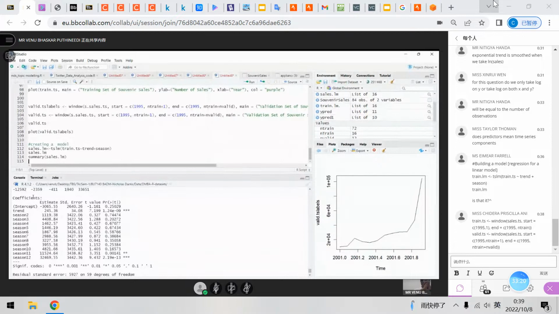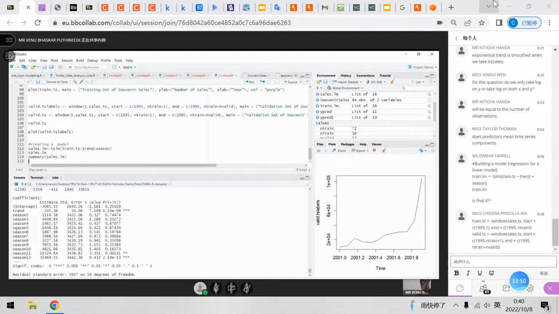Is trend just season 1? So then we have dummy variables for other seasons. We don't have a season variable for one. The other seasons are dummy variables basically. So we have trend, we have the base intercept, and the other 11 variables. Does that make sense?